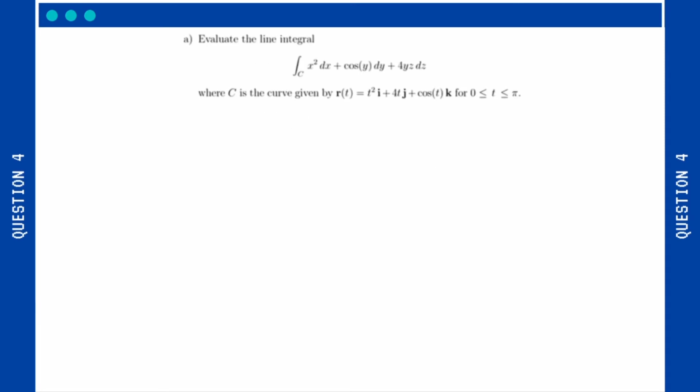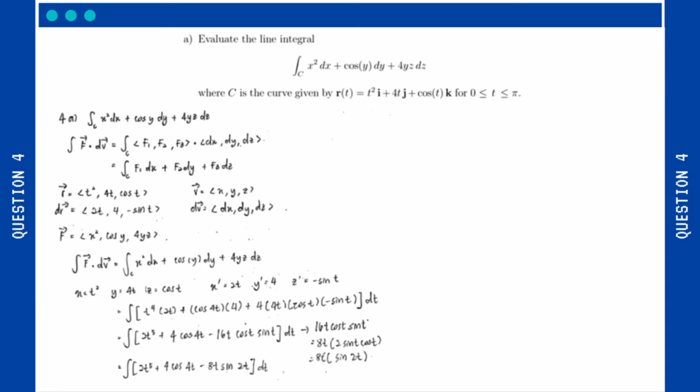The next question is question 4. For question 4a, the question asks to evaluate the line integral. So the solution will look like this. Integration of F dot dr is equal to integration of the elements of F dot the elements of dr, which we will get equal to integration of f1 dx plus f2 dy plus f3 dz.